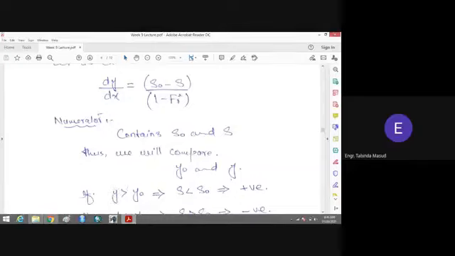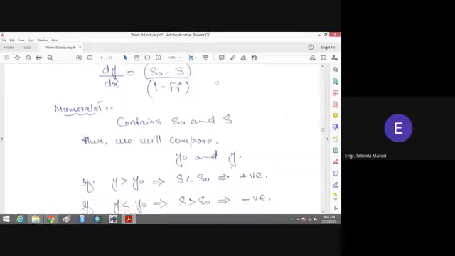If y is greater than y naught, then what we will say, S is less than S naught, because we have already derived that y and S have inverse relationship. So if y is greater than y naught, S is less than S naught. And in this equation, if S is less than S naught, you will get a positive value for the numerator.